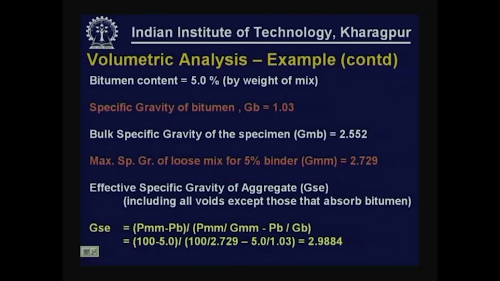So, 100 minus 5 divided by 100 divided by 2.729, the maximum specific gravity of loose mix for 5% binder, minus 5 by 1.03, this gives us 2.9884.